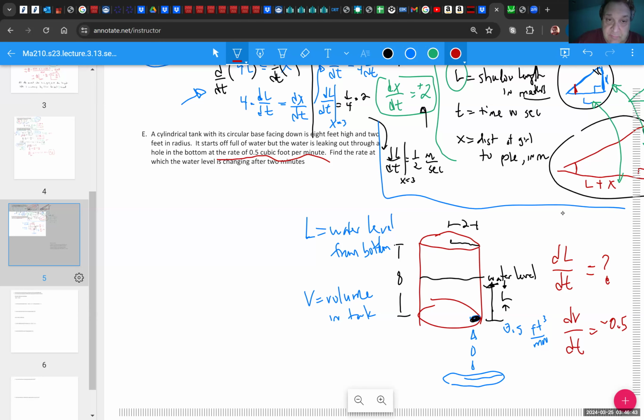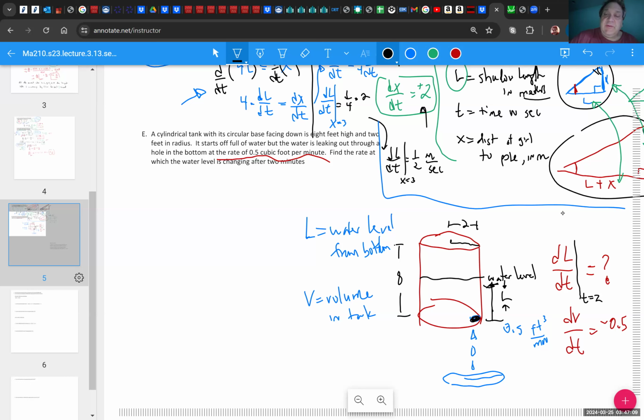Got the 2. Starts off full of water, so we know at time 0, the volume is all the way full. It starts leaking out through a hole in the bottom at the rate of 0.5 cubic feet per minute. We got that. Find the rate at which the water level is changing after 2 minutes. Okay, that's what I forgot. So we're looking for dL/dt at the moment that t is equal to 2.